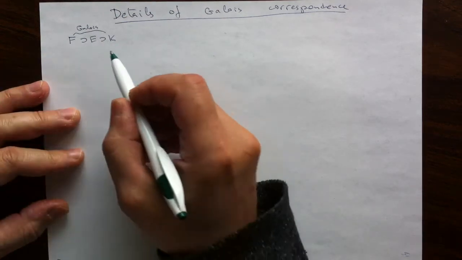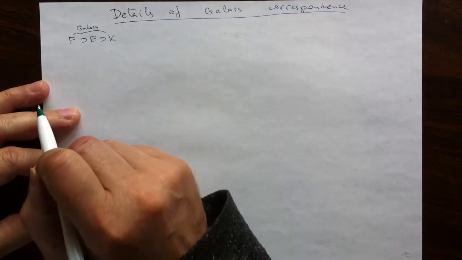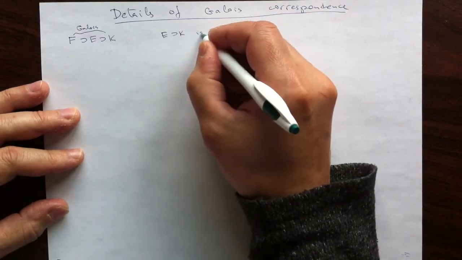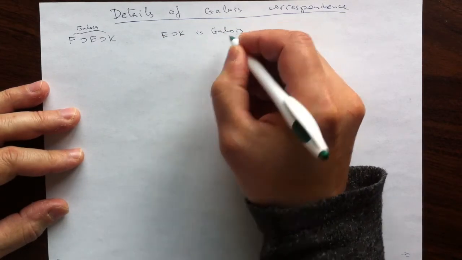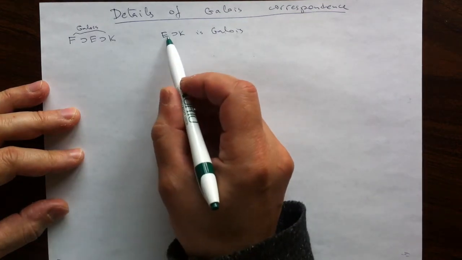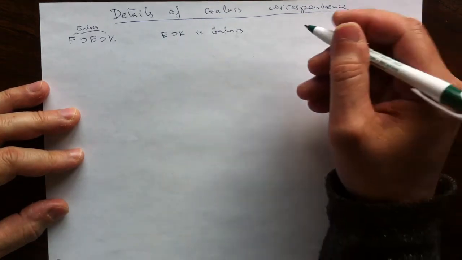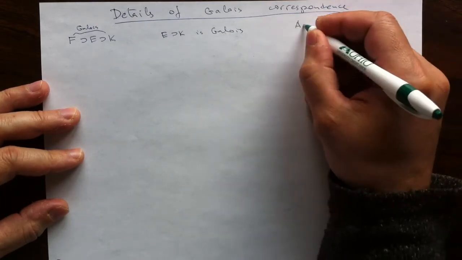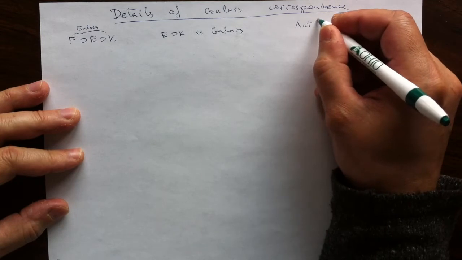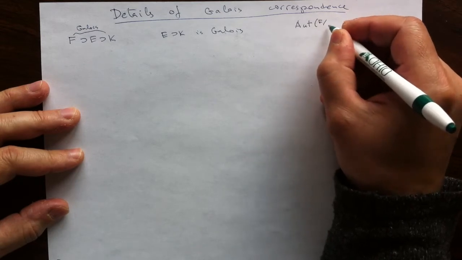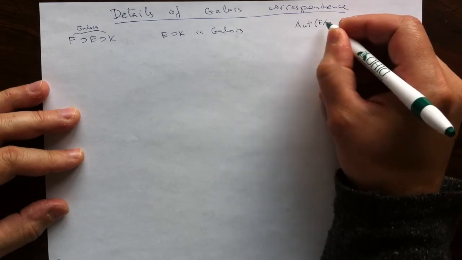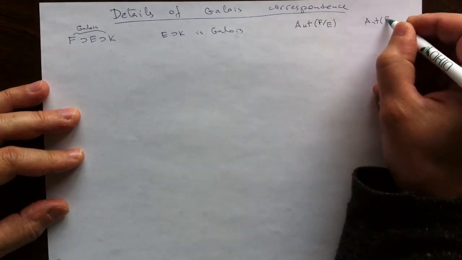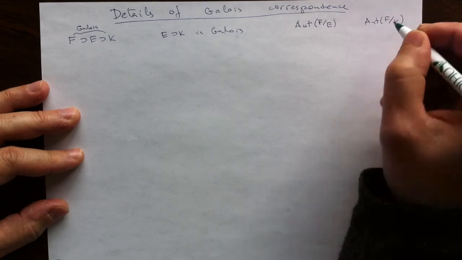Now I'll be interested in seeing when this leg is Galois. So E extending K is Galois. According to Galois correspondence, E, on the other side, on the lattice of subgroups, is the counterpart of the automorphisms group of F over E. And that is, of course, a subgroup of automorphisms of F over the base.